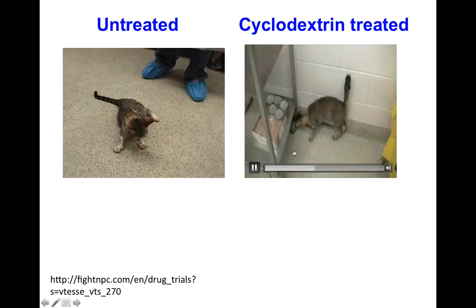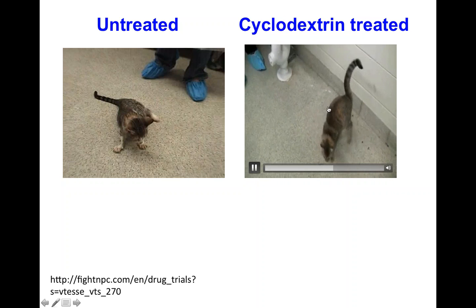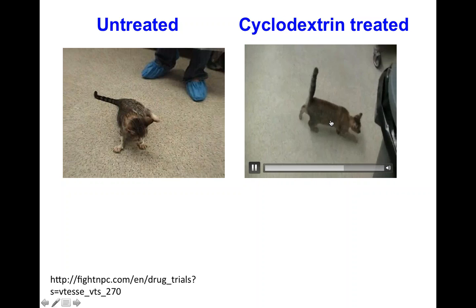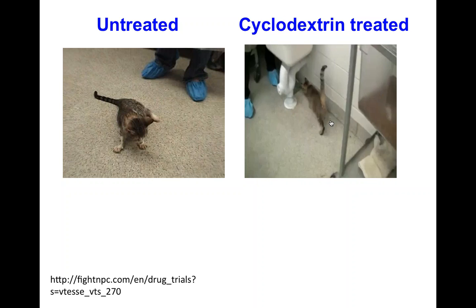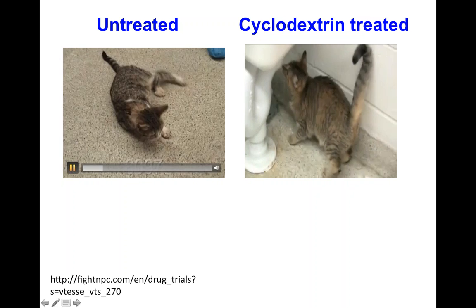If cats are given an intrathecal injection of this drug, that leads to the cat living for more than 2 or 3 years. In the case of untreated cats, they die within months.